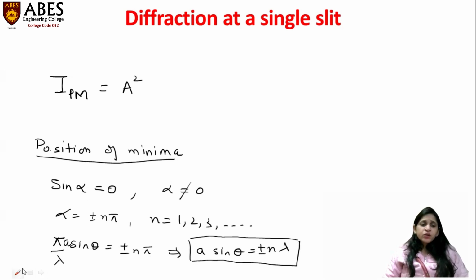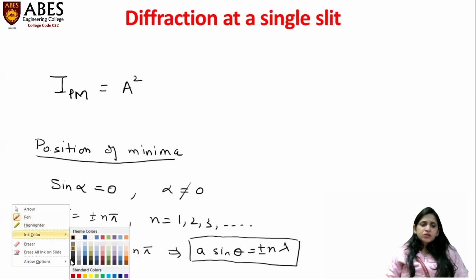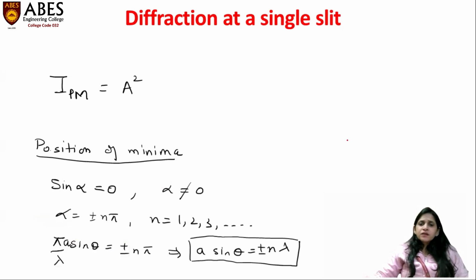Now see, I'll just draw what we are talking about over here. This is the pattern that you have seen in the lab due to a single slit. Now we have got the positions of minima. Where is the minima?